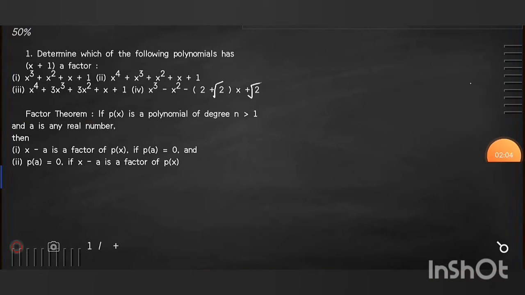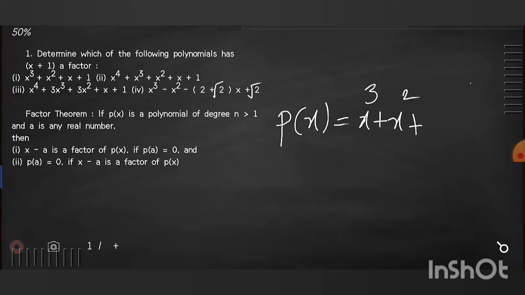Now coming to the problems here: determine which of the following polynomials has x plus 1 as a factor. We have to check whether x plus 1 is a factor of the given polynomials. What is the first problem here? p of x equals x cube plus x square plus x plus 1. We have to check whether x plus 1 is a factor of the given polynomial p of x or not.